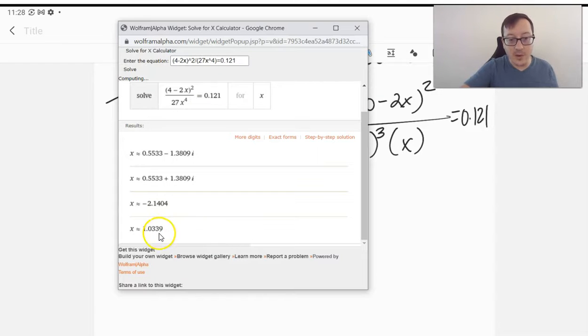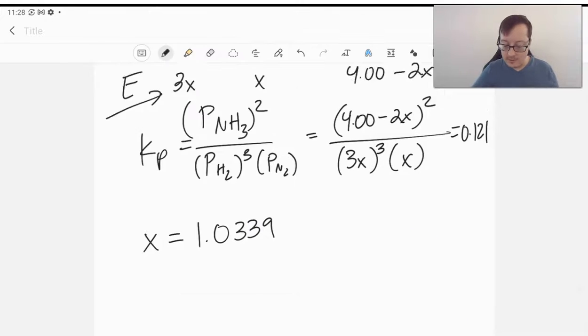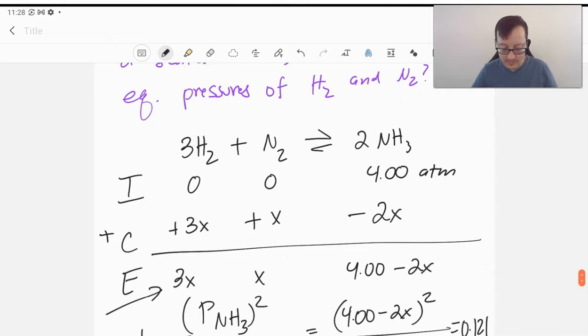So yes, 1.0339. Remember, this negative value doesn't make sense because if we had a negative x, we can't have negative nitrogen. That makes no sense. So x should always be a positive number. And so, generally speaking, you should only find one that works.